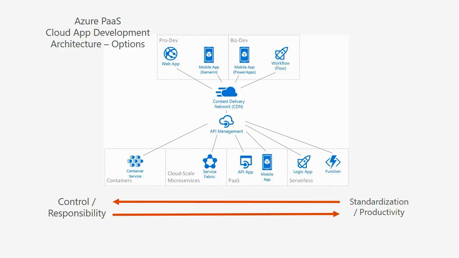So there's a couple of capabilities and features in it that are really quite nice when you're implementing this type of application. However, you are taking on more control and responsibility when you move to a Service Fabric style of application. You do have more decisions to be made about the operating system. You do need to patch it. You do need to look after it a lot more than you do with the services on the right-hand side of this slide.